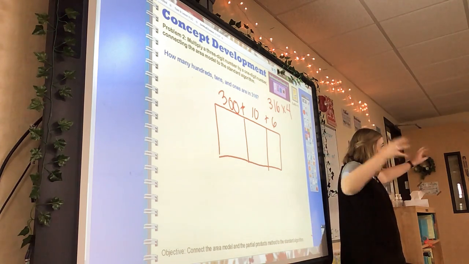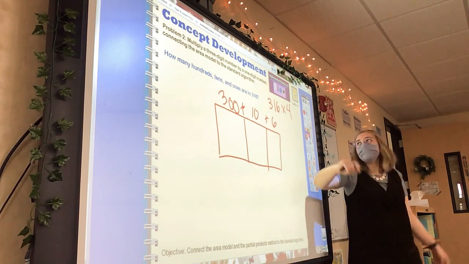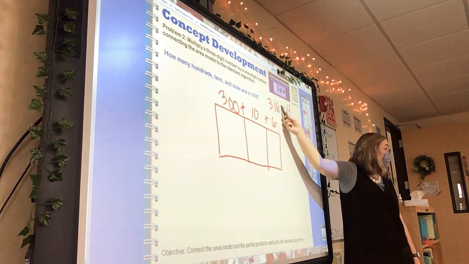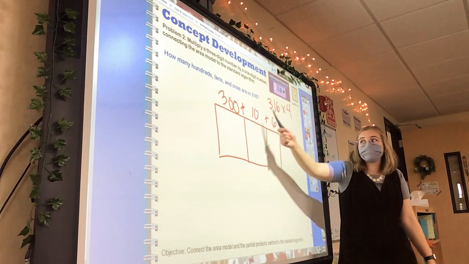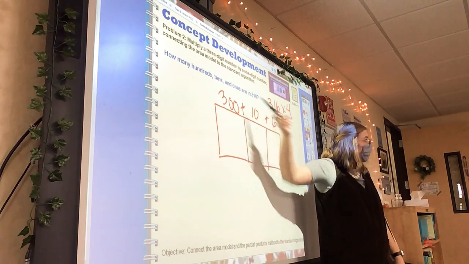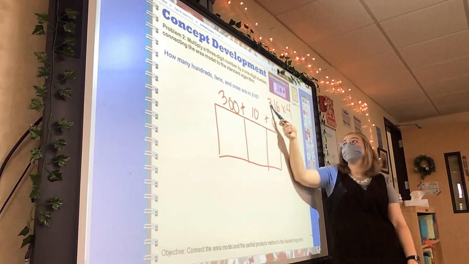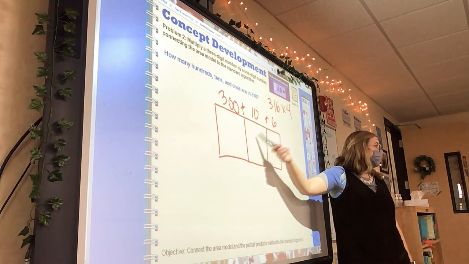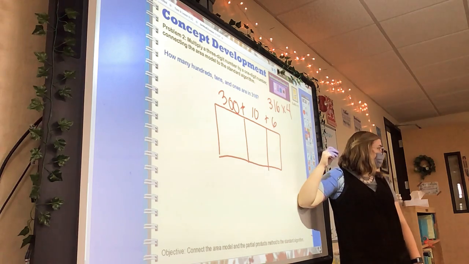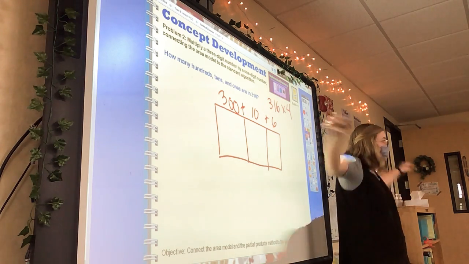Expand means to get bigger. So we took 316 and just expanded it into its place values. 316 has 3 hundreds, 1 ten, 6 ones. So 300 plus 10 plus 6. That's all we've done so far. It's just stretching it out.